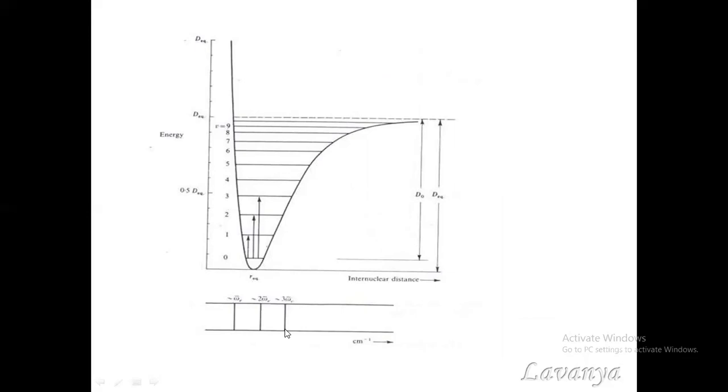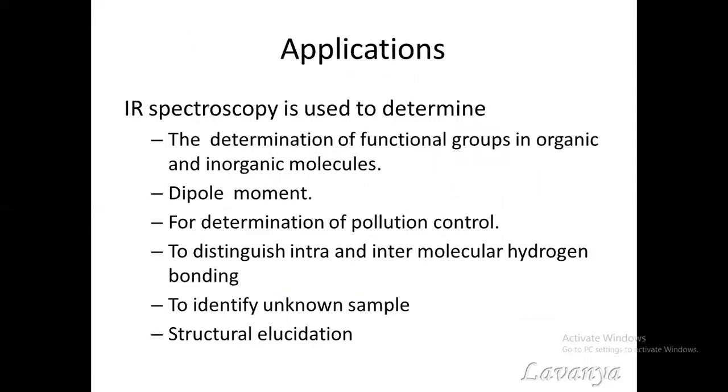Then from that spectrum, what do we get? The dipole moment can be known, and the purity of the molecules can be identified. If you run the IR spectrum of a molecule and get any peak other than the expected ones, that peak indicates an impurity.